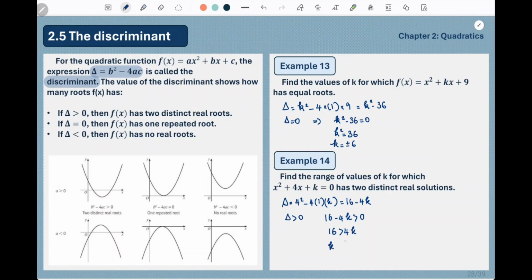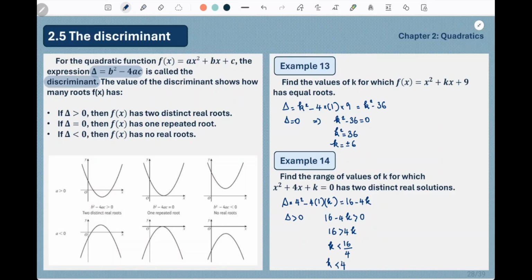I'm just flipping the sign. So 4k is less than 16, so k is less than 16 over 4, which is k less than 4. So this is the range of values of k for which this equation has two distinct solutions.